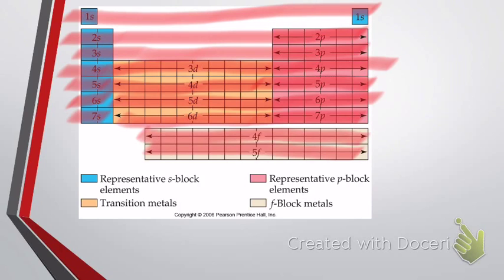So you can see that's the order, that's the Aufbau diagram. That tells you the order that the electrons, the valence shell electrons, the outermost shell of electrons, goes through.